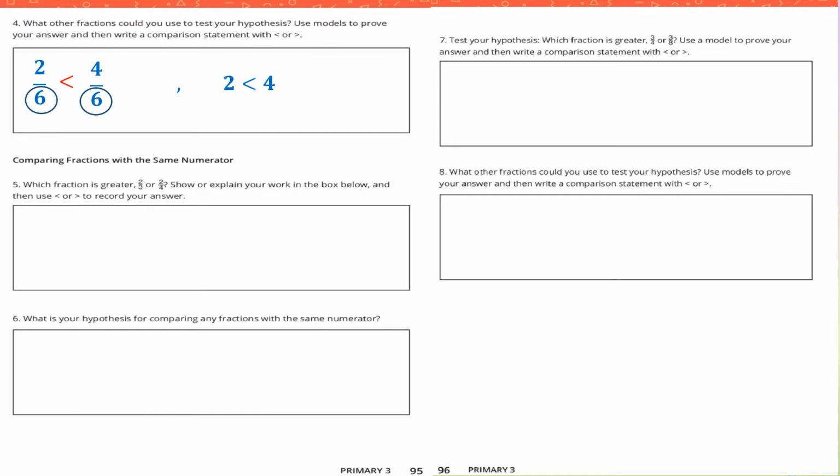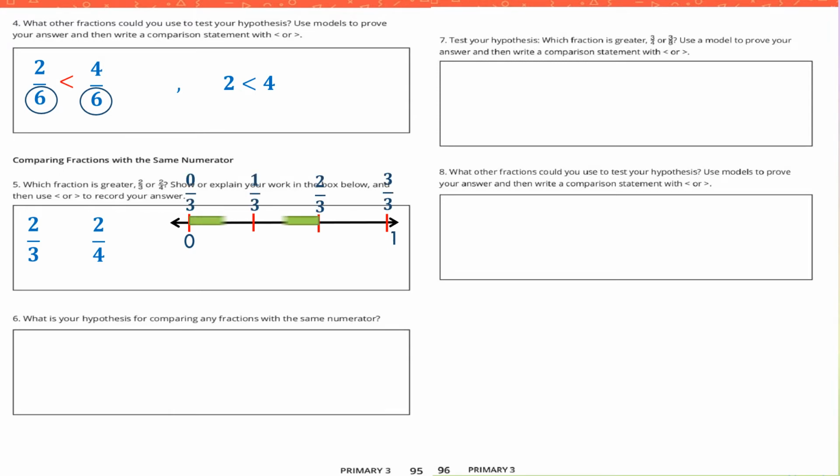The second part here, comparing fractions with the same numerators. Which fraction is greater, 2/3 or 2/4? Let's locate each fraction on the number line to make sure which is bigger. 0 is the starting point and 1 is the ending point. Let's locate 2/3 here.